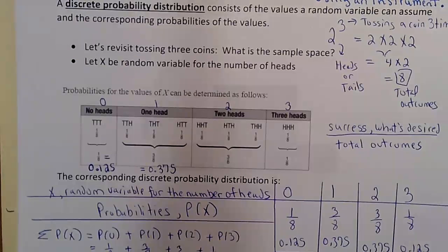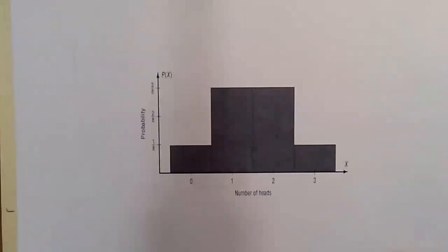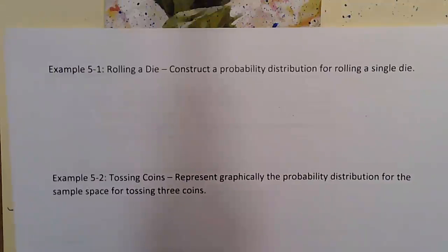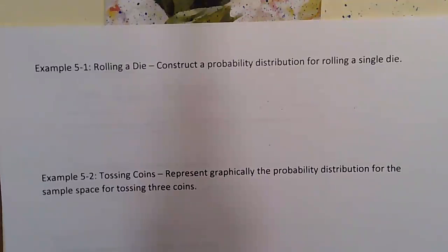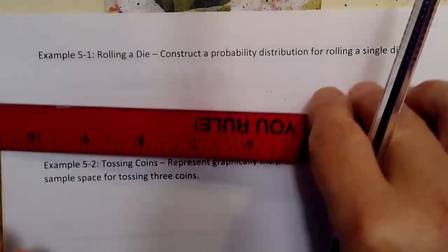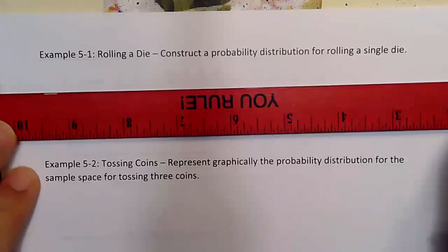Okay, now on the next page, rolling a die. Construct a probability distribution for rolling a single die. I'm going to do the same thing. I'm going to draw this up here like I did earlier.